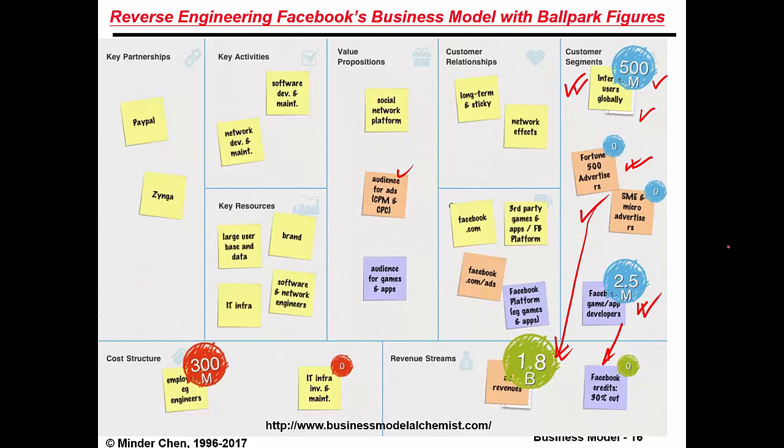Sometimes we have a two-sided marketplace, a two-sided platform. In this case, this is actually a three-sided or multi-sided platform. And you can study this in great detail. Zynga is the developer, for instance, which helped to develop games on Facebook.